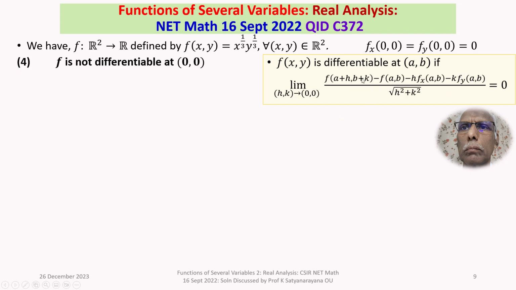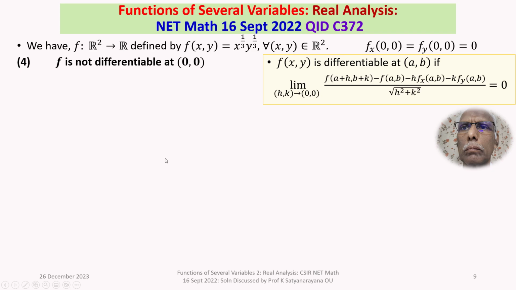The first two terms are the variation Δf, and subtracting the rest gives df, the total derivative. This limit must not only exist, it should be equal to 0.